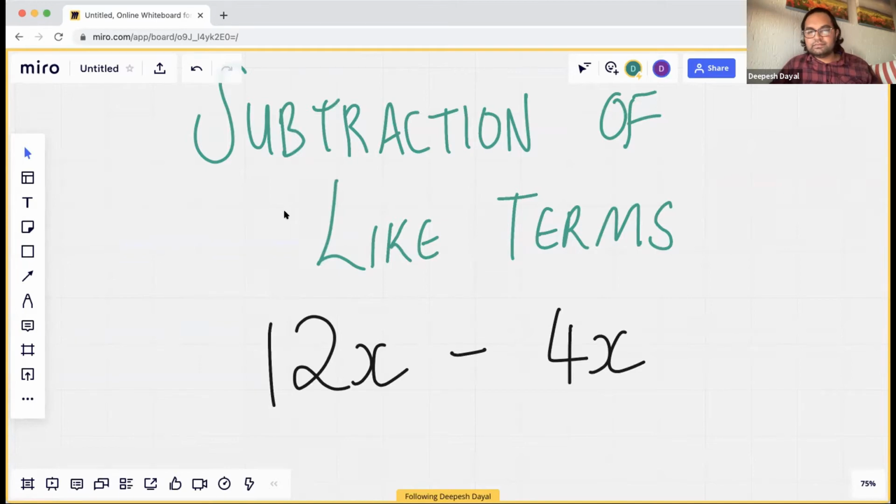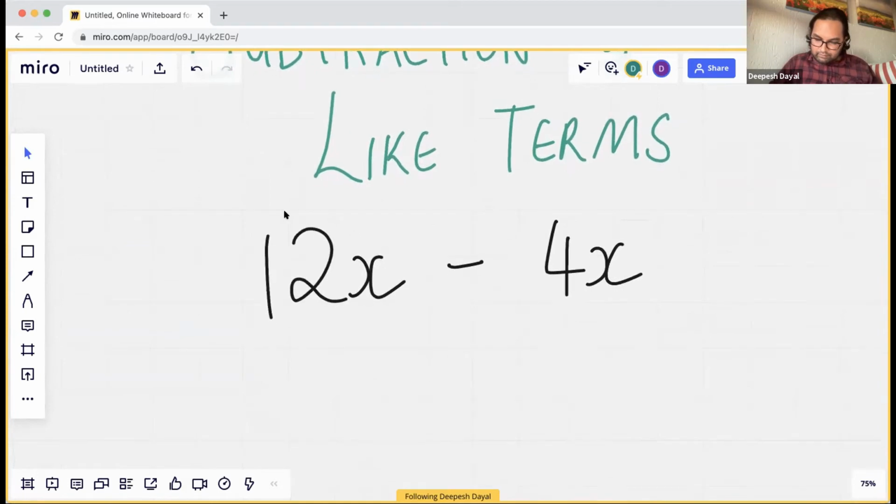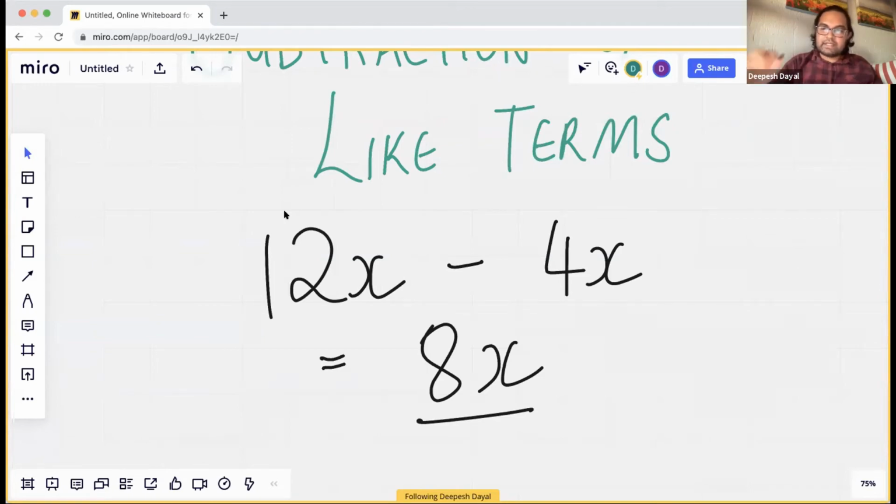It's 8x. Yes, that's correct. Well done to all of you. 8x, right? So here we just subtract the terms.